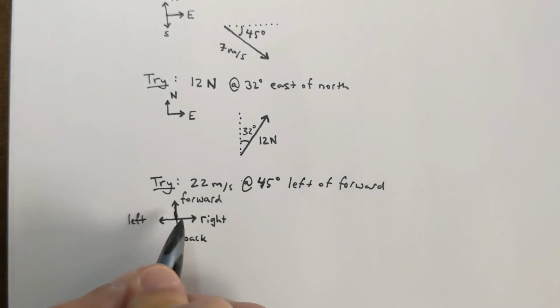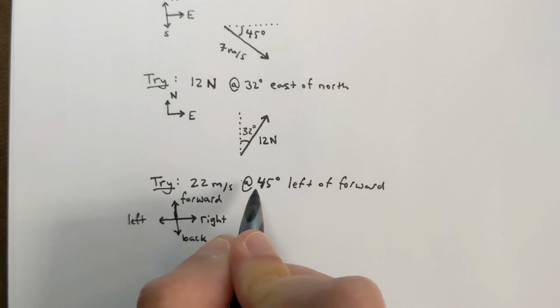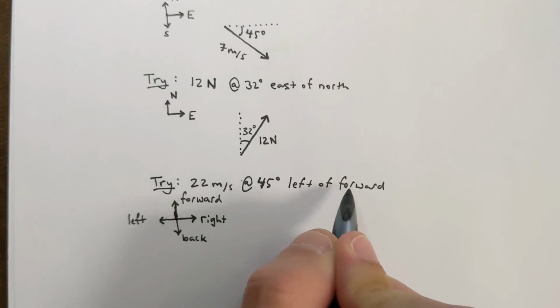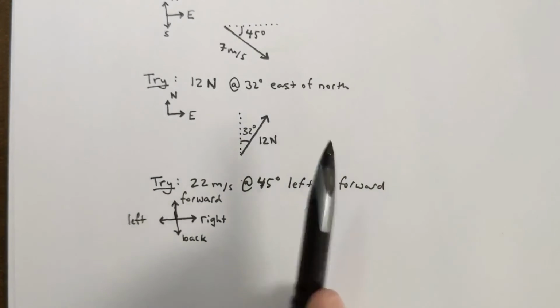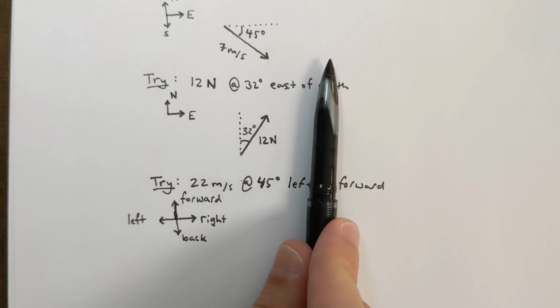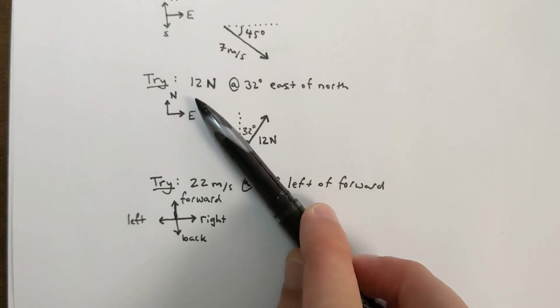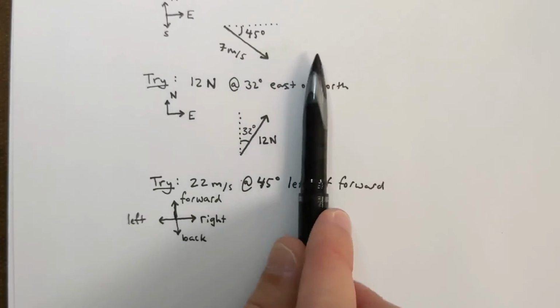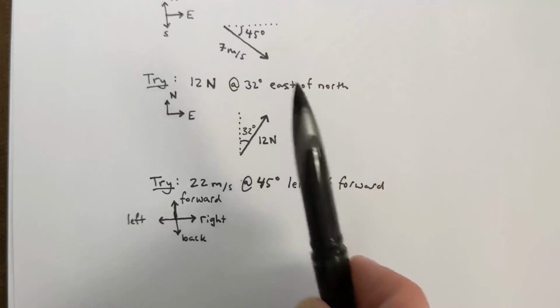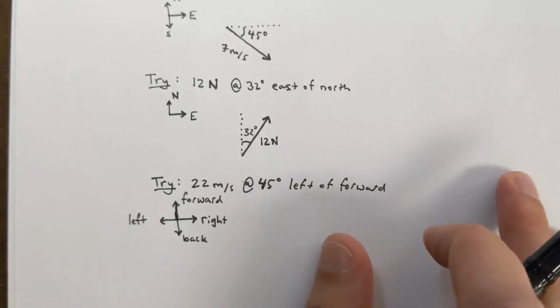Okay, so we want 22 meters per second at 45 degrees left of forward. So forward is our reference, and forward is this way, and then 45 degrees left of forward will be left of forward. So 45 degrees, and we're going to start measuring our angle 45 degrees with respect to the forward direction.